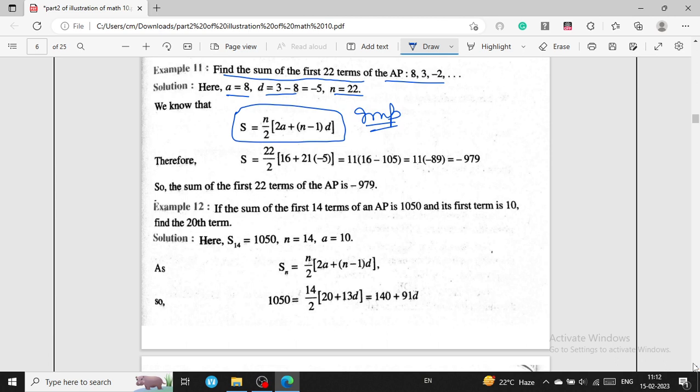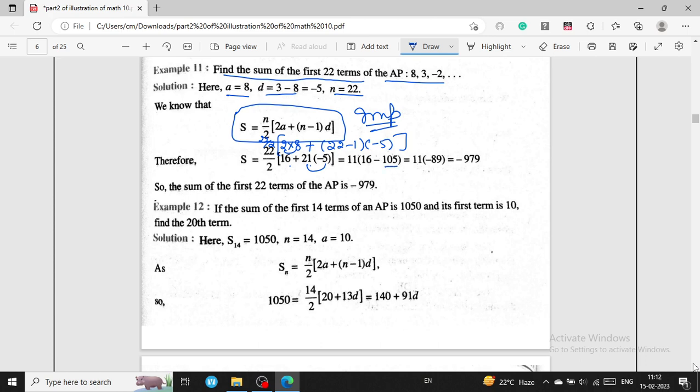How does it come? 2 multiply 8 plus, here we write like this, N is 22 minus 1 and D is given minus 5. 2 eights are 16. 22 minus 1 is 21, times minus 5, and 16. 21 multiply 5 is 105.